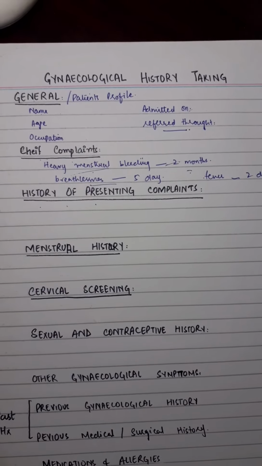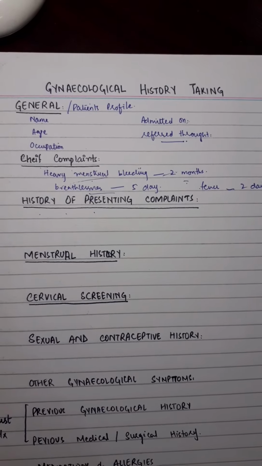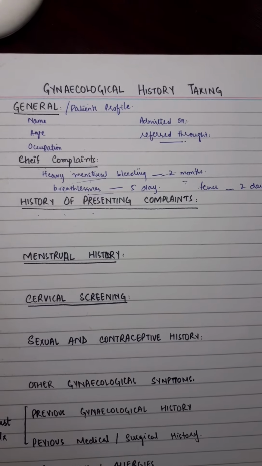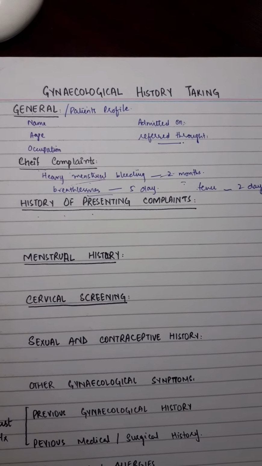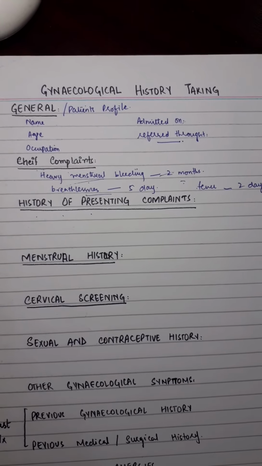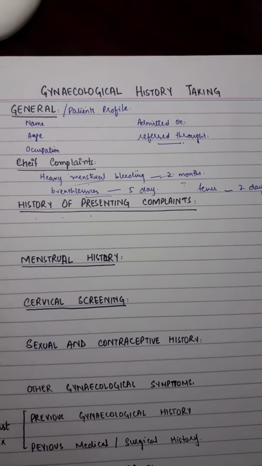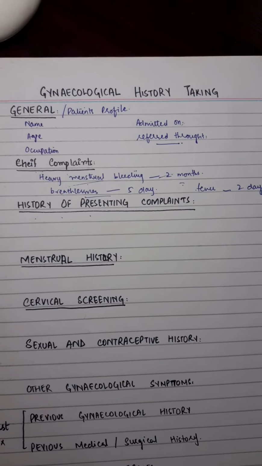So these are questions that you are going to ask about heavy menstrual bleeding, to see how it affects her lifestyle, how it affects her health, how it is a cause of anemia in her, and so on. And for breathlessness, you're also going to ask questions: is it on rest, on exercise, on walking, on running?